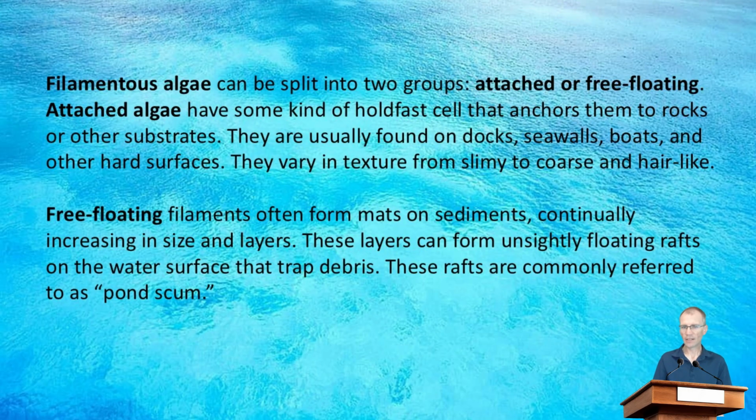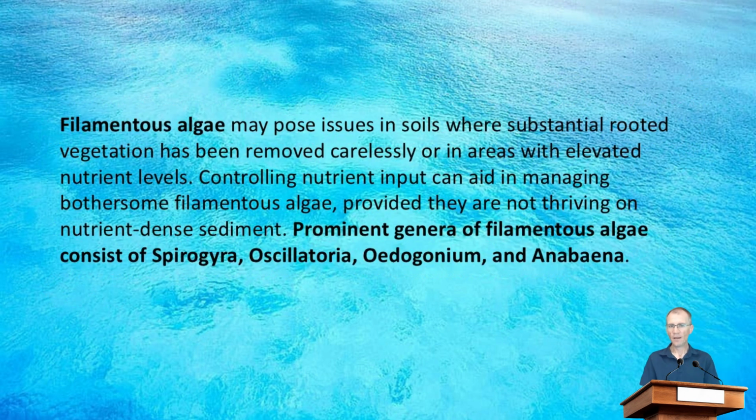Free-floating filaments often form mats on sediments, continually increasing in size and layers. These layers can form unsightly floating rafts on the water surface that trap debris. These rafts are commonly referred to as pond scum.